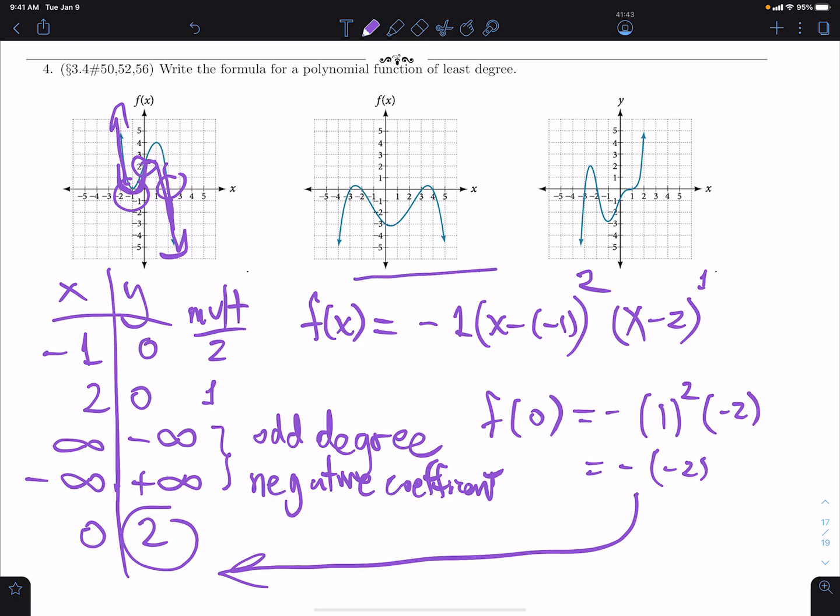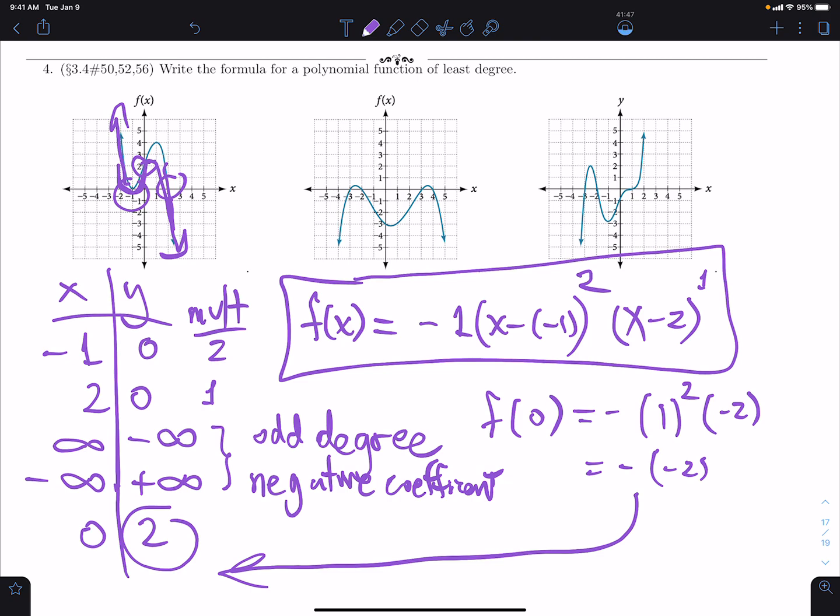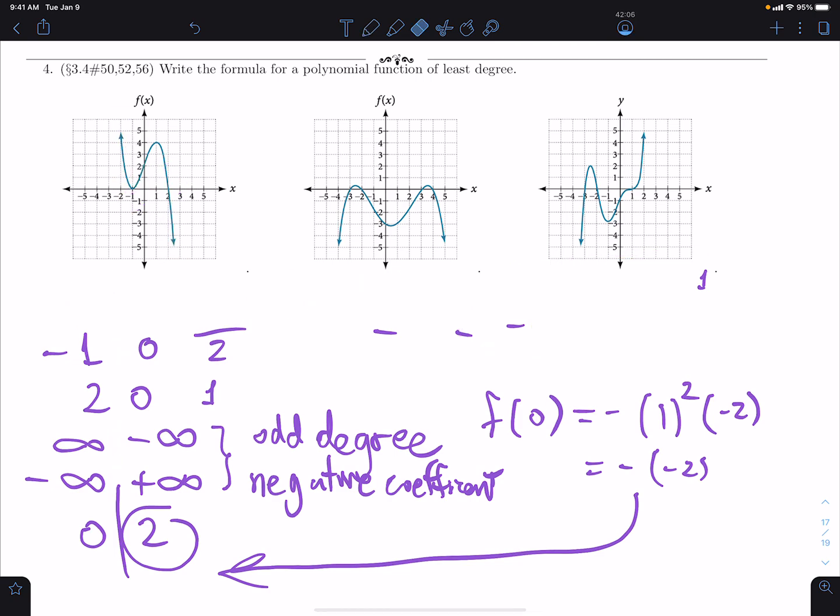So let's just put a box around this, and we found it. We've matched all of that information. The x-intercepts, the y-intercept, and the end behavior are telling us that it's a third-degree polynomial, negative leading term, and a double factor at -1 and a single factor at 2. Okay, so let's erase, and we'll go to the next problem.